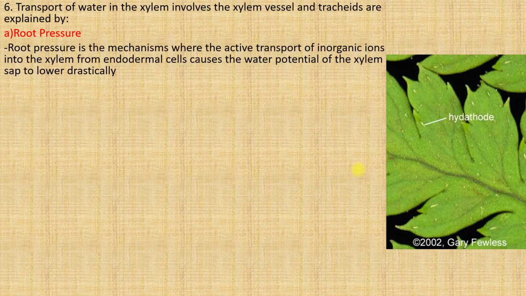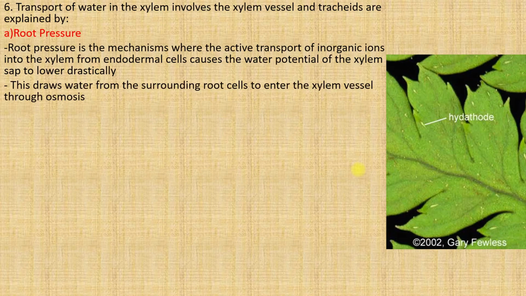It's a mechanism where the active transport of inorganic ions into the xylem from the endodermal cells causes the water potential of the xylem sap to lower drastically. When you have solutes or inorganic ions in an environment, the water potential in that environment will drop, in this case the xylem sap.